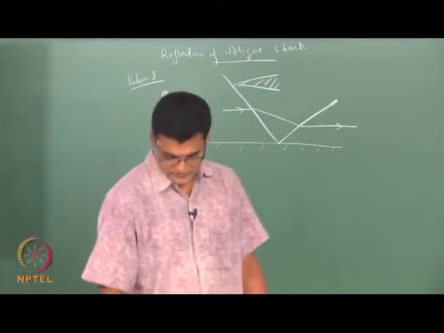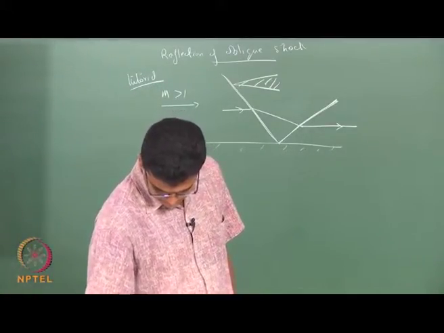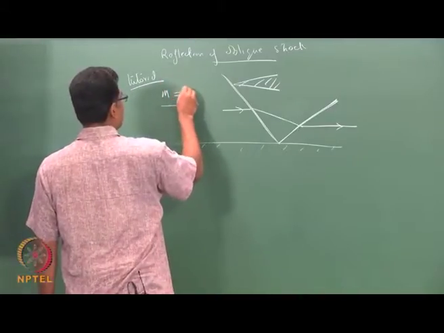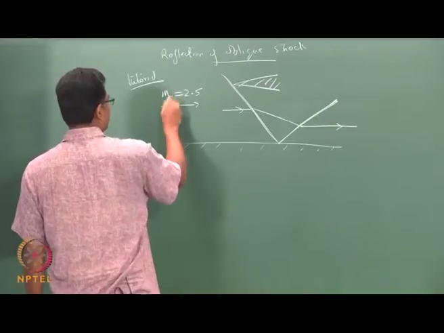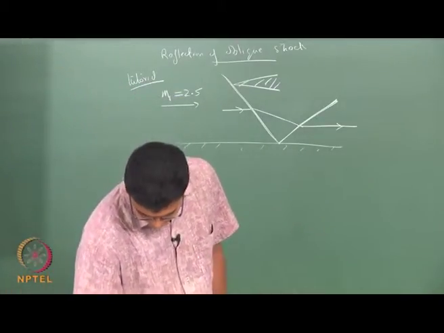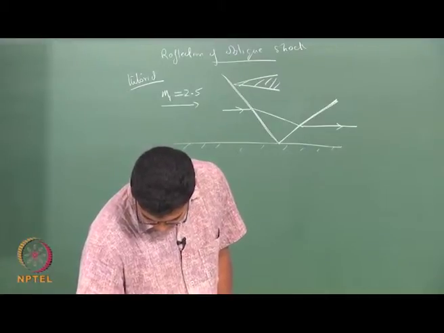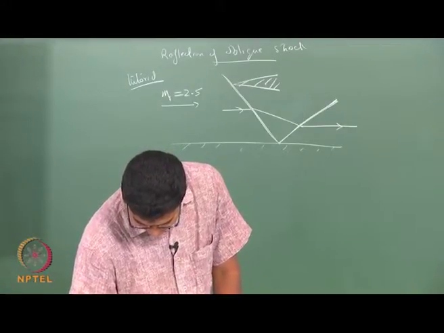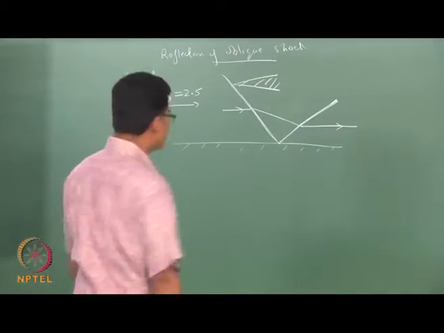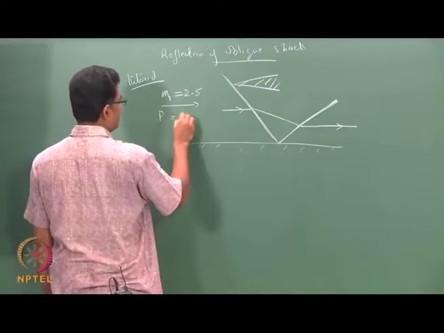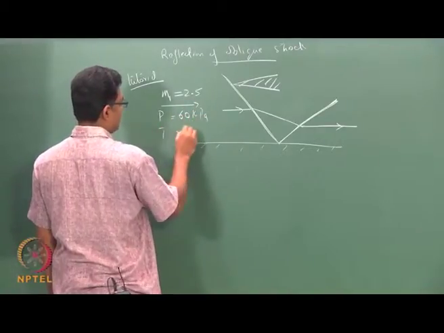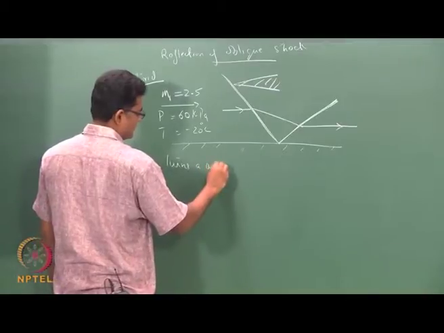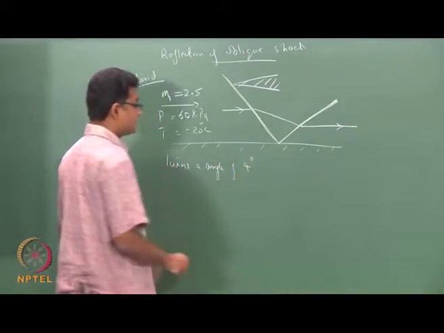So the values I have here: M equals 2.5, so M1 is 2.5, and the flow turns by an angle of 4 degrees.